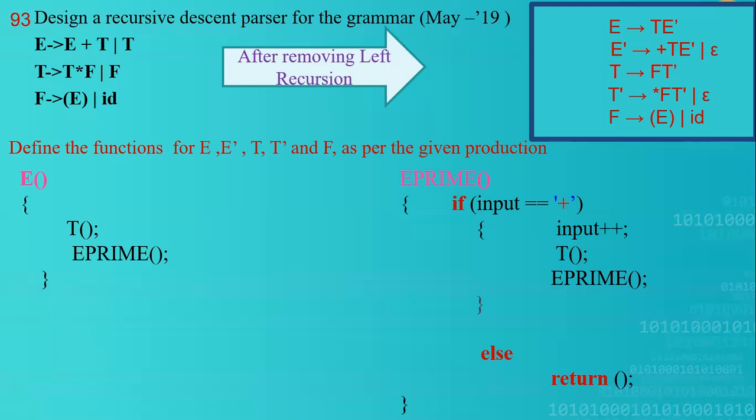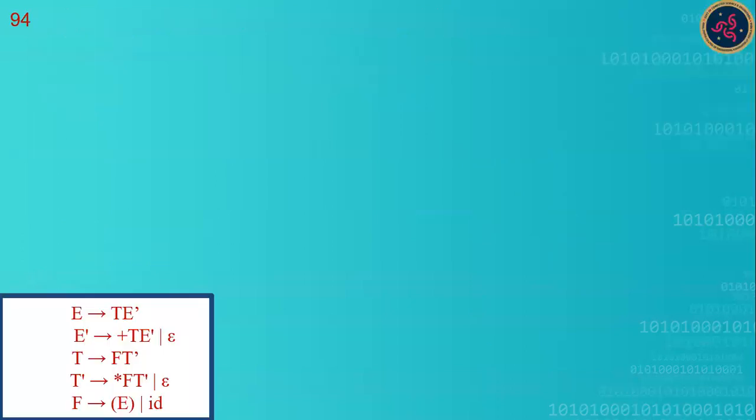We need to define the function for T prime as well as F. Here is the same grammar. What is T? T is simply these two non-terminals written out, that is, a function call to F as well as a function call to T prime. Now we need to define F as well as T prime.